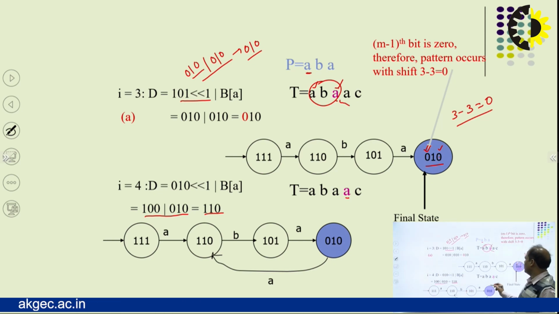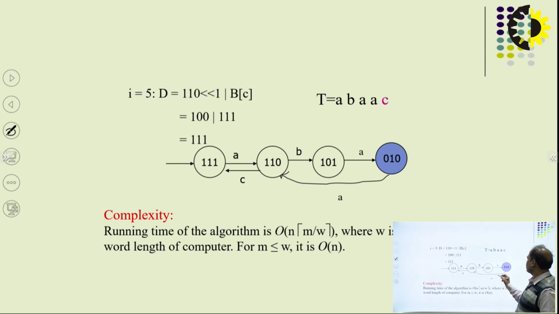And then after input C, since BC is all 1, it is reaching back to here. Again we have to restart. It's a very intelligent algorithm. Actually its complexity is linear time if your pattern length is less than or equal to the word length.